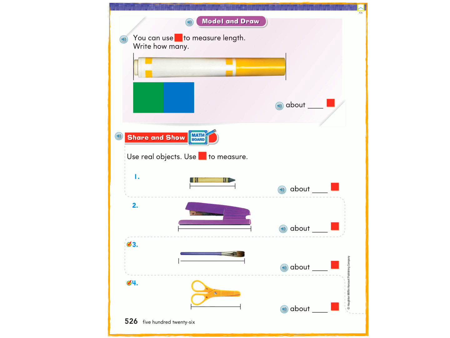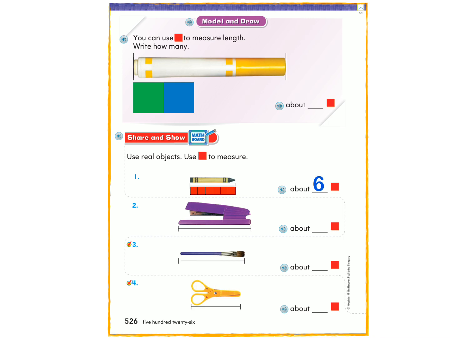Number 1. I will use the blocks to measure the crayon. I will put them together in a straight line. I will start from the first end to the last end. Let's count together. 1, 2, 3, 4, 5, 6. So it's about 6 cubes or 6 blocks.